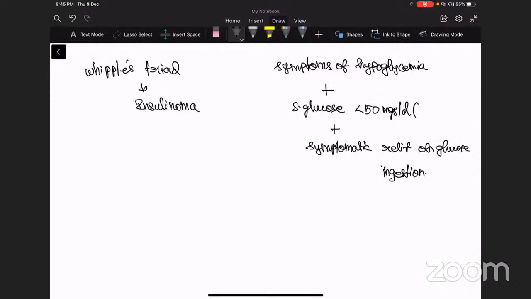There's going to be a symptom of hypoglycemia, and when we check the random blood sugar, it's going to be less than 50. And when the patient takes glucose, the symptoms are going to relieve suddenly. This is Whipple's triad seen in insulinoma, very important.